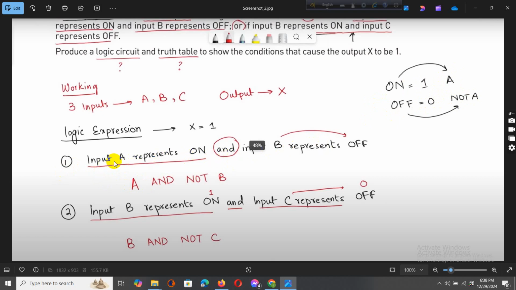So as input A represents on, you write A. For AND, you write AND. Input B represents off, so you write not B.